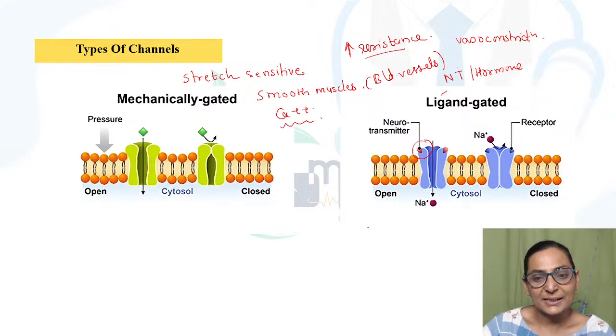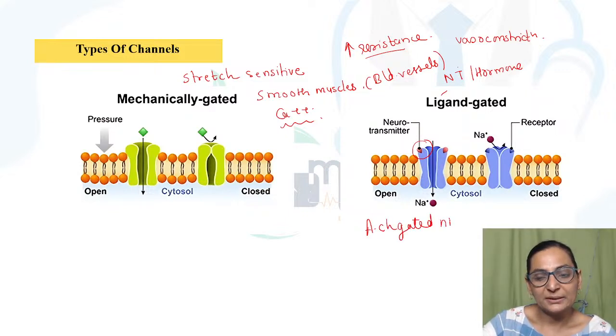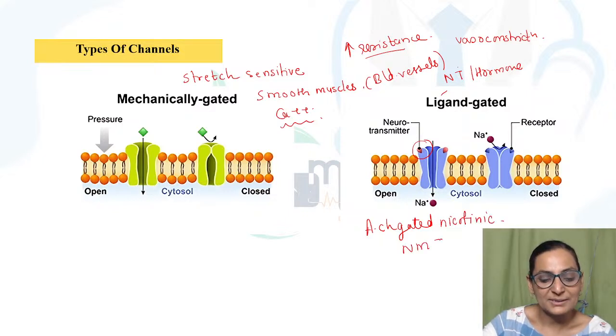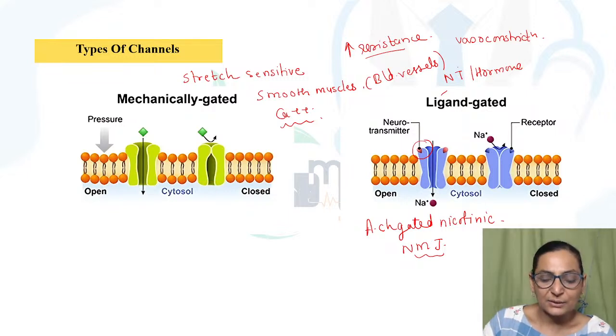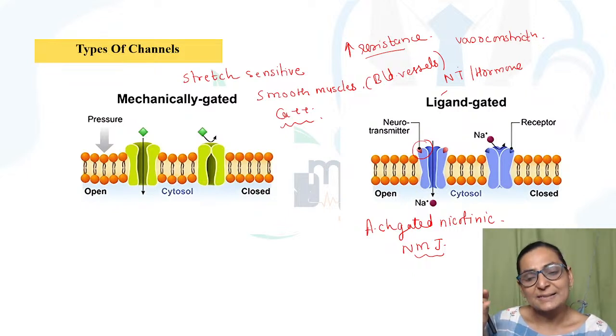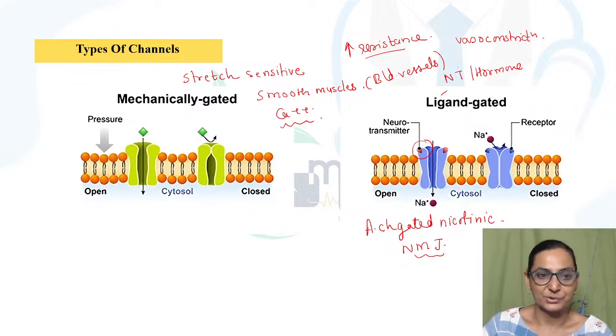A very classical example is the acetylcholine gated nicotinic channels which are present in the neuromuscular junction. Acetylcholine gated means these are the channels which allow the ligand, that is acetylcholine, to bind. So जैसे acetylcholine bind होगा, these channels will open and allow sodium to come inside, which will help in generation of the action potential at the neuromuscular junction, right?